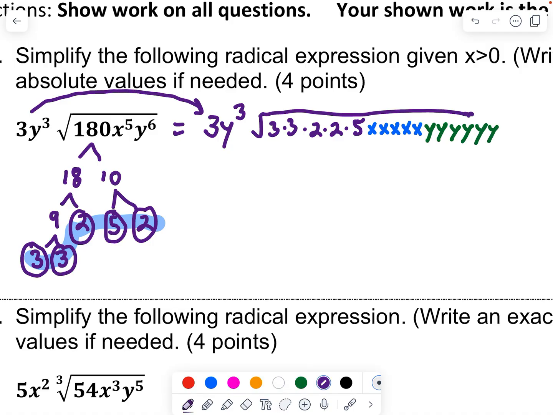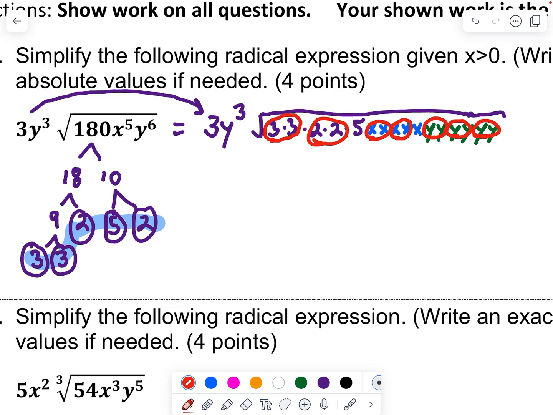Okay. Let's make this square root just a little bit longer. Now I'm going to go through and I'm going to circle all the pairs. This is a square root, so there's a pair of 3s. Here's a pair of 2s. I've only got 1 5. Here's a pair of x's. Another pair of x's. Here's a pair of y's. Another pair of y's, and a third pair of y's.